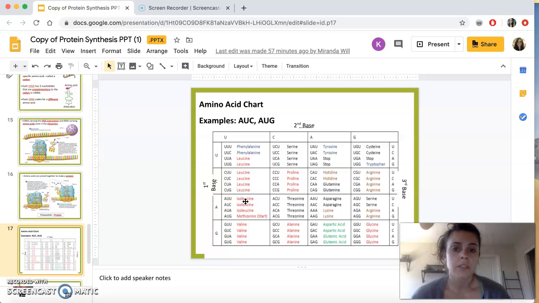So you'll see, here's our examples. Let's say that I have UCA. Well, UCA is what we call serine. Serine can be coded in a couple of different ways. Proline can be coded in a couple of different ways. These are specific proteins that are going to do specific things in our cells.